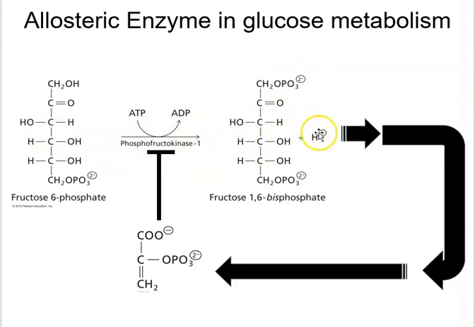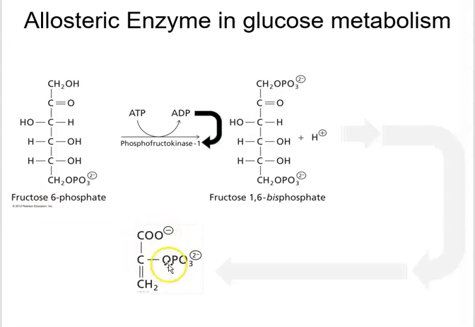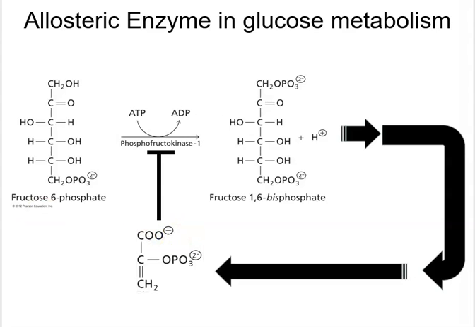That's actually going to then go downstream, and eventually we're going to get phosphoenol pyruvate, which is shown here. The production of a lot of this phosphoenol pyruvate will actually come in and bind to phosphofructokinase 1 at an allosteric site, and it binds and changes the effectiveness of this chemical reaction. When this is not present, ADP is able to bind phosphofructokinase 1, and it increases the speed at which this happens so we can make more of the phosphoenol pyruvate.